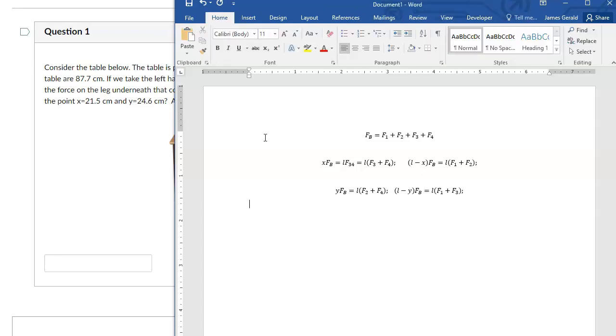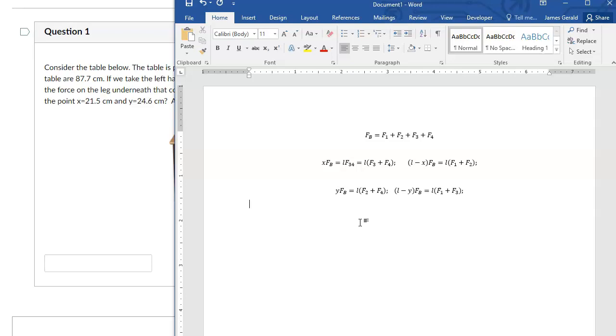Now, here you've got four unknowns, and you've got three equations, and you have no hope, basically. You have no hope. But we're going to solve this anyway.